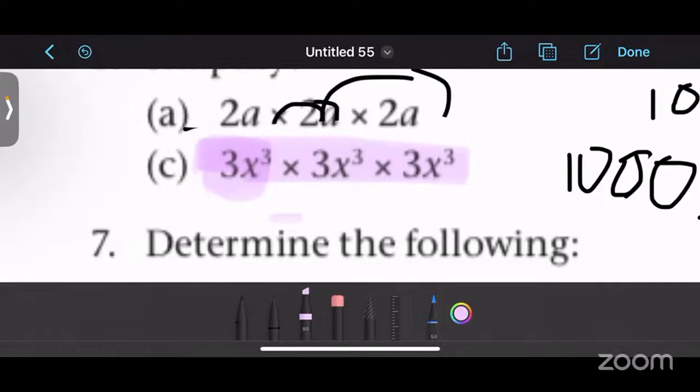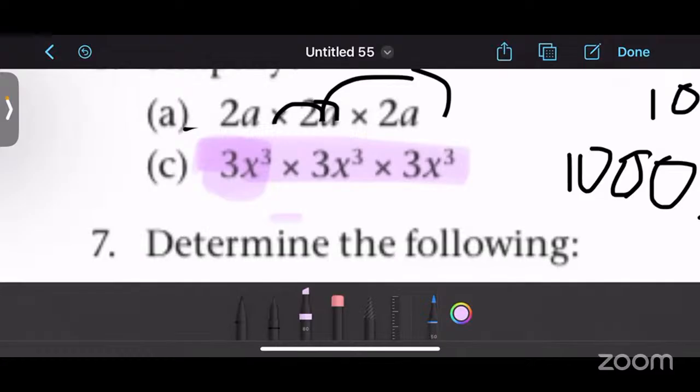We are going to say 3x to the power 3 multiplied by 3x to the power 3 multiplied by 3x to the power 3. Then you're going to say 3 times 3, ma'am. It gives you 9x to the power 6. Then you're going to multiply by 3x to the power 3.